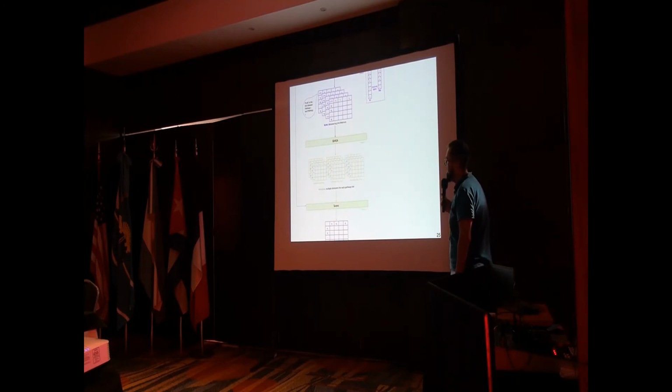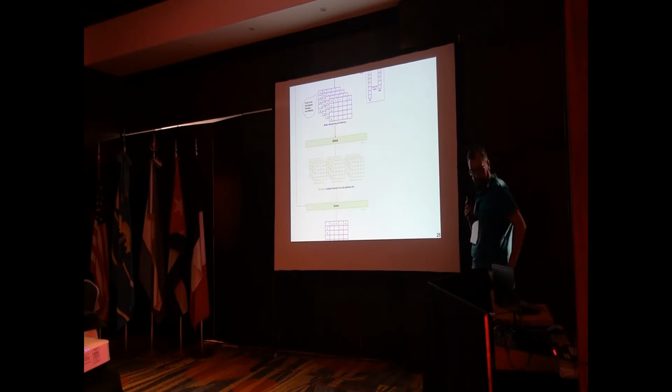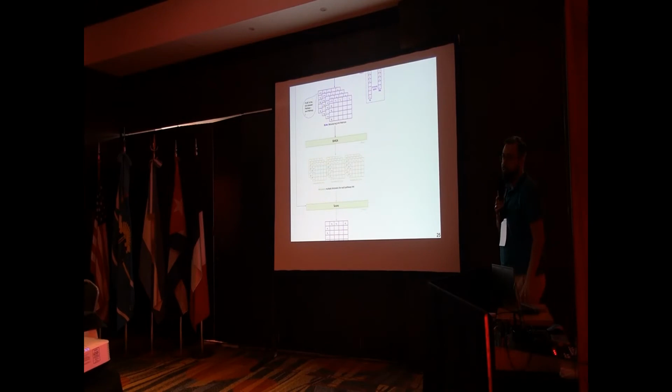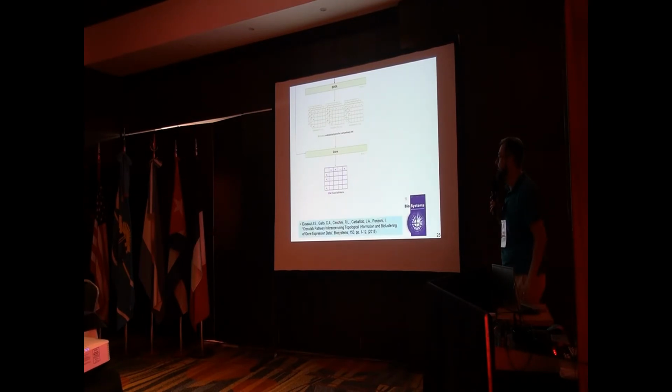From this degree of coverage, we obtain a score, and this score is a measure of the intensity of the pathway crosstalk that we are detecting. And well, from this matrix, we can build the pathway network.